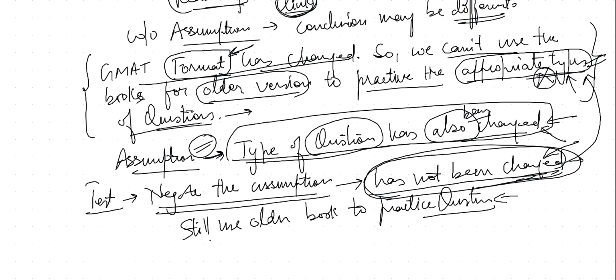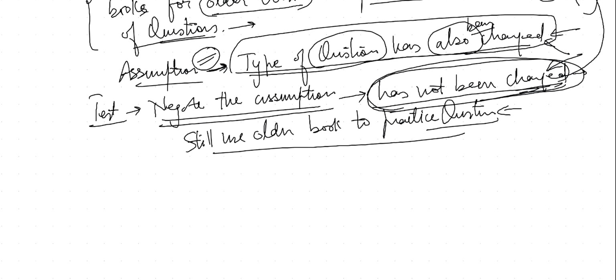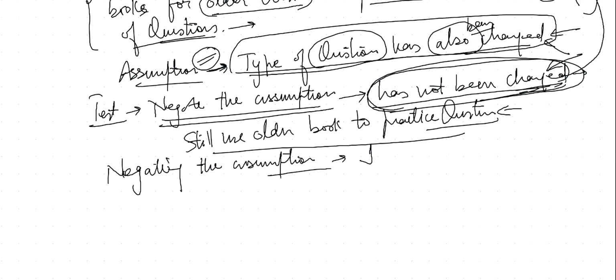So negating the assumption must impact the conclusion. It's like reversing the assumption option; for the correct option, it must impact the conclusion. Is that clear, everyone? Any doubts, any questions with this particular example?